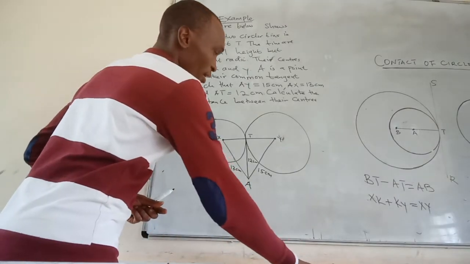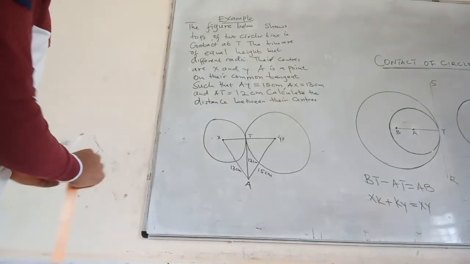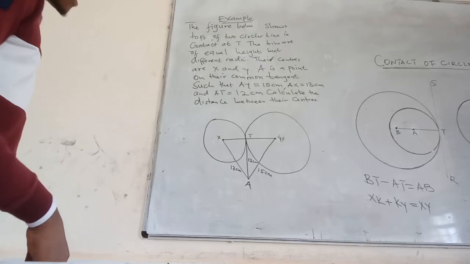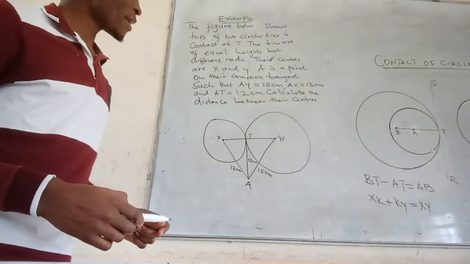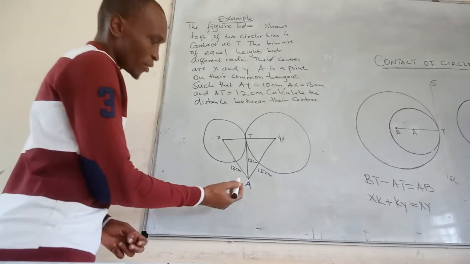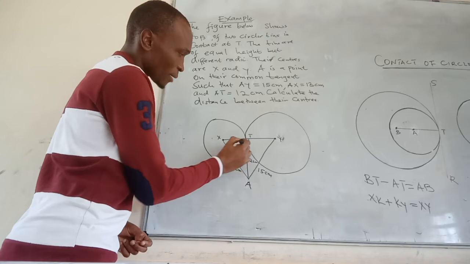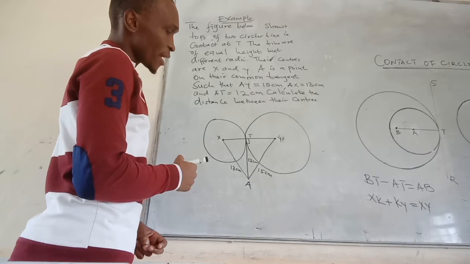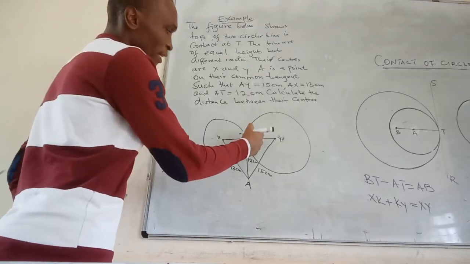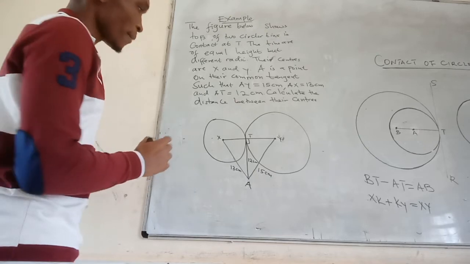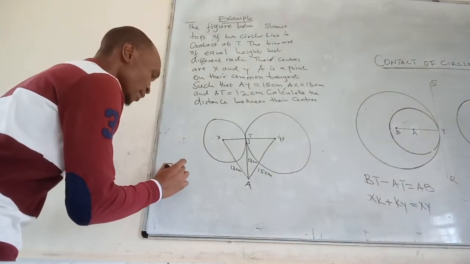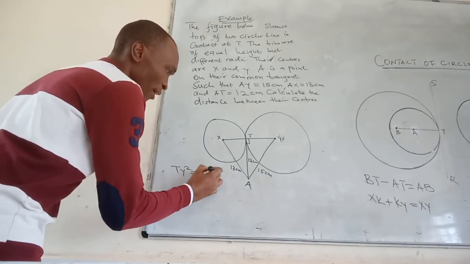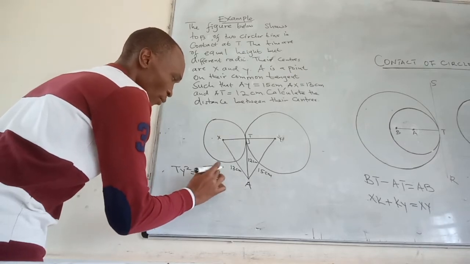As we said earlier, when the two circles are in contact externally, we add their radii to get the total distance between their centers. Because TA is a tangent, triangle XTA is a right angle triangle. We can get this radius TY, so TY squared equals 15 squared minus 12 squared.